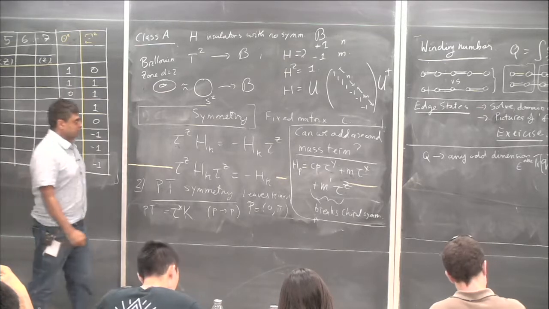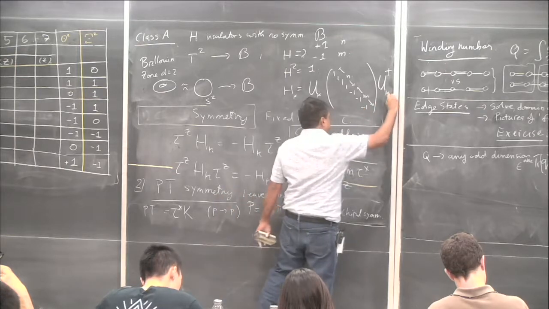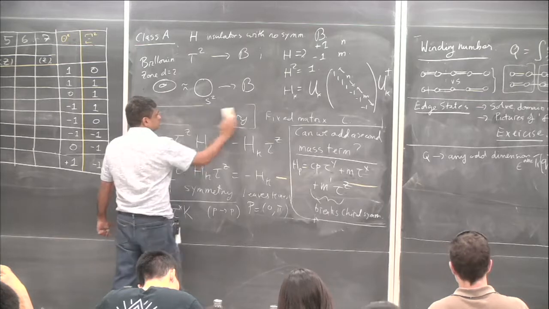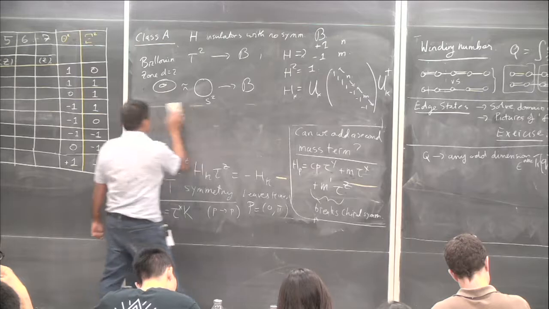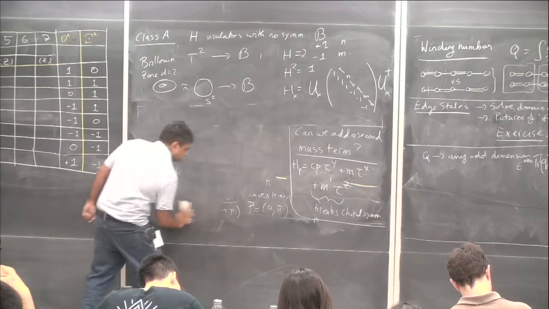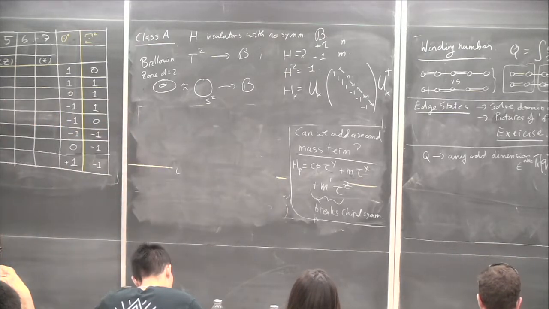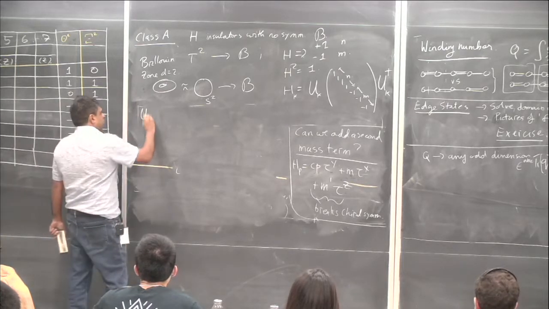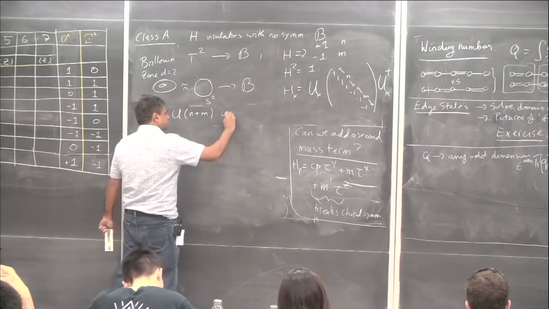That's the most general Hamiltonian at each point in k space. So it may appear at this point that all I need to do is to specify this U matrix, which is a U(n+m) unitary matrix.